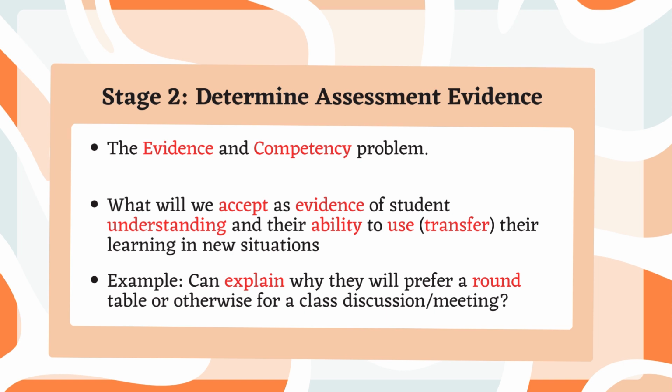This also asks the question, what will we accept as evidence of student understanding and their ability to use or transfer their learning in new situations? A typical example in mathematics can be students can explain why they would prefer a round table or otherwise for a class discussion or meeting.